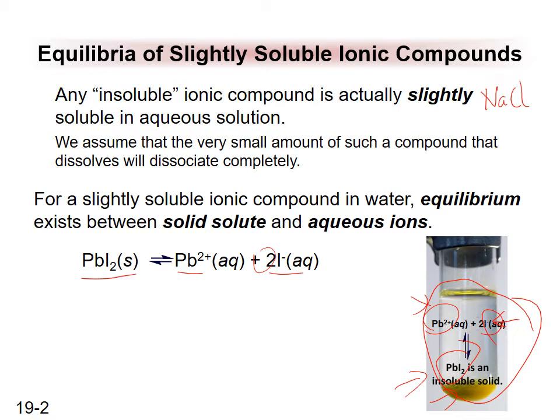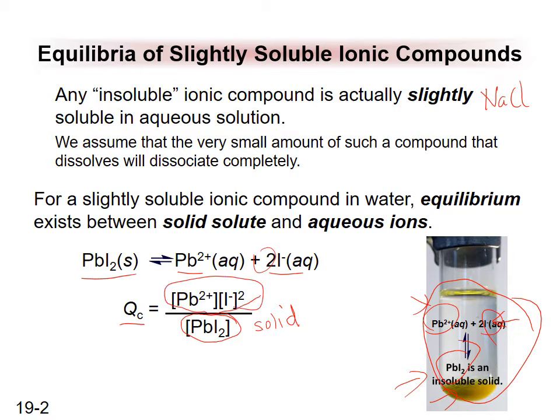And as usual, we can write the reaction quotient, which is the product divided by reactant. In this case, the reactant is a solid, and we know the concentration of a solid is constant. That means the reaction quotient only depends on the concentration of the two ions, because the concentration of solid doesn't change.